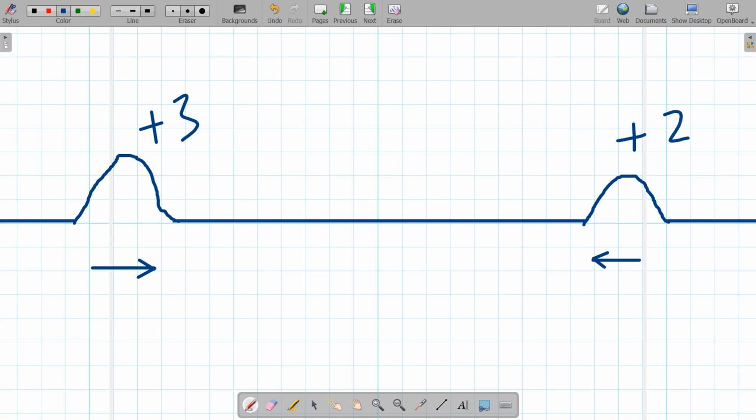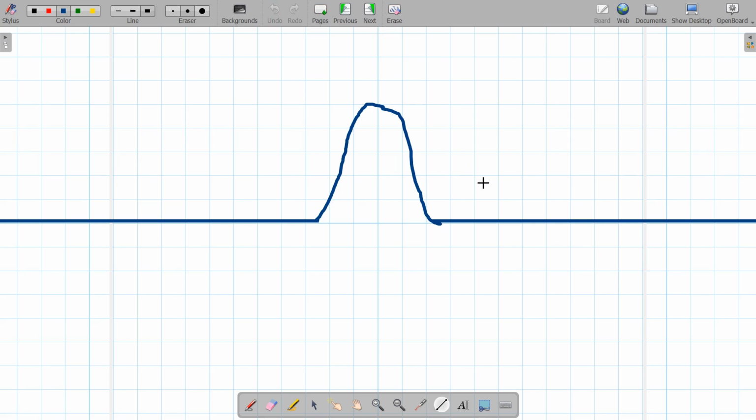When these two waves meet up in the middle, as they're traveling along the slinky, what is going to be the resultant wave when they interfere with each other? Well, this should be easy. What's positive 3 plus positive 2? When they meet up in the middle, they're going to produce a single wave that has an amplitude of positive 5 units.